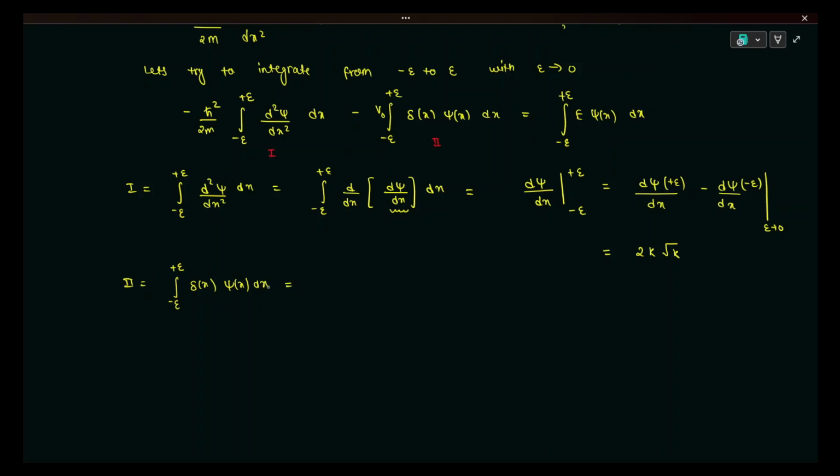That will be, from the property of the Dirac delta function, psi at x equal to 0. So psi at x equal to 0 is nothing but a, and a is under root of k. So this is the value of the second integral. Let's find the final third integral.